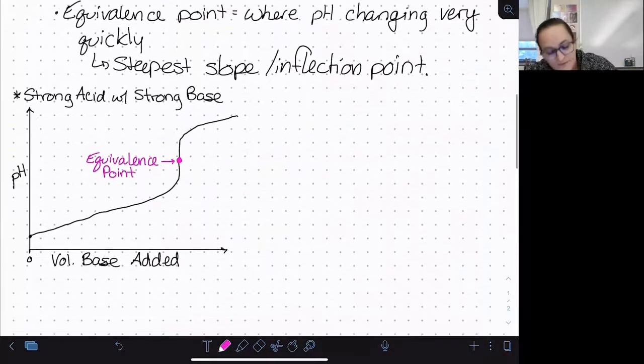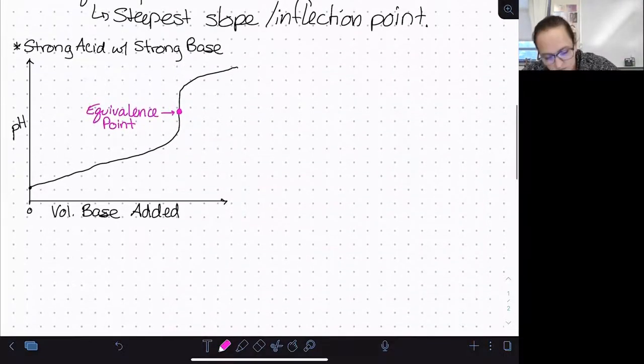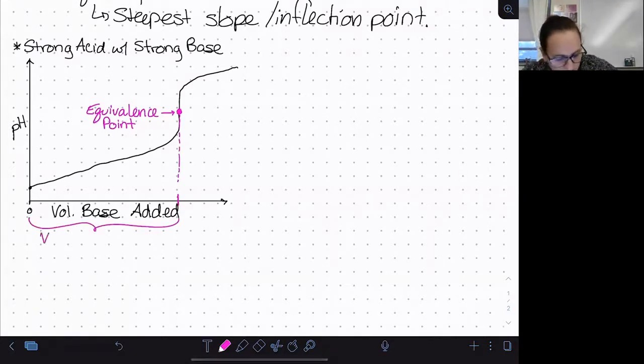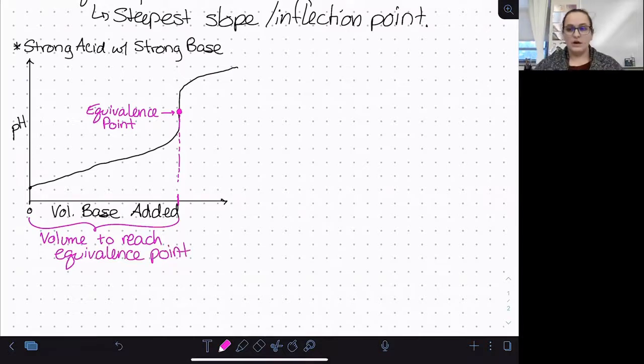So from this, we can read the volume it took. So this volume here would be the volume it took us to reach our equivalence point. And using that volume, we can do all of the typical titration calculations that would allow us to calculate a concentration of an unknown.